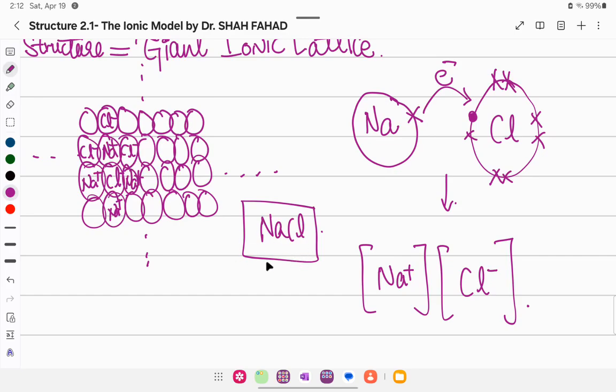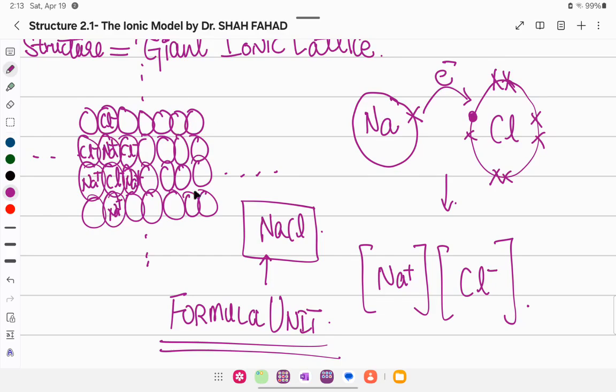The formula of any ionic compound is called the formula unit, because it does not actually represent the entire structure. It just represents the simplest ratio in which the ions are present, in this case 1:1.